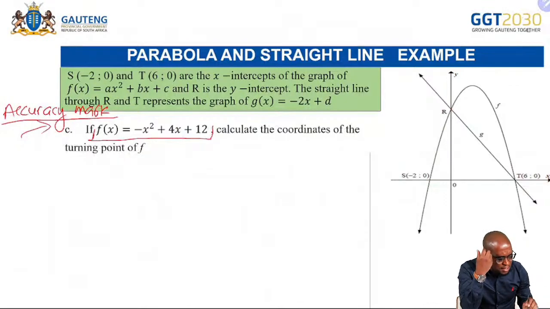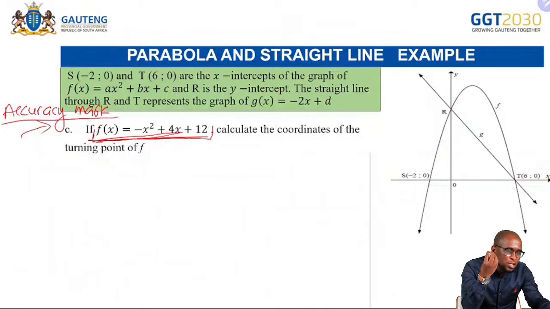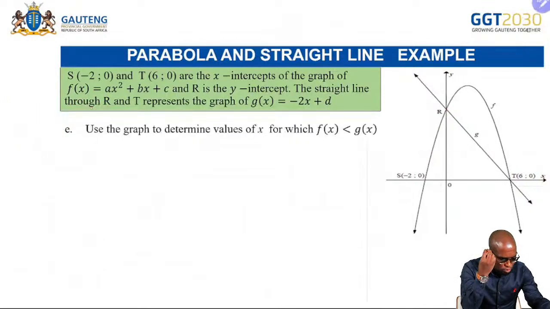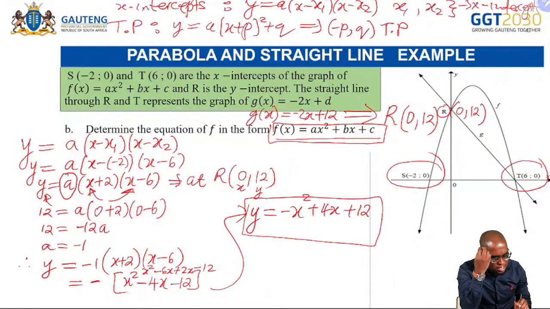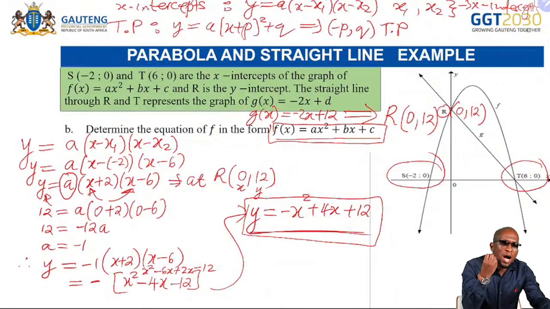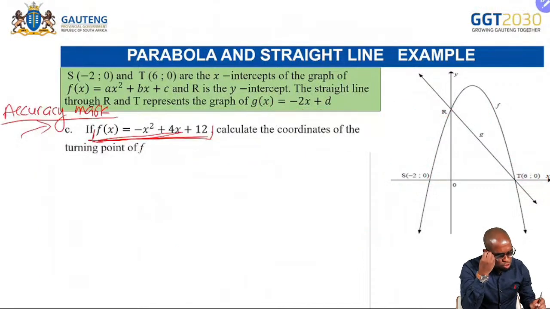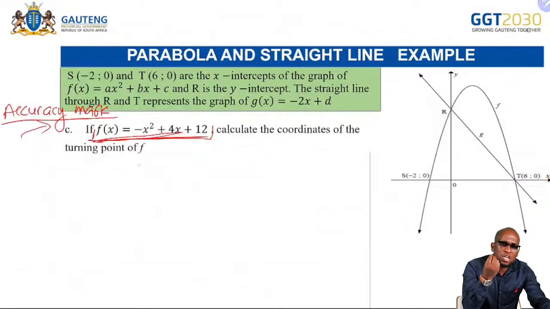Now, if the examiner did not give you this equation, and when you calculated here you got a wrong answer, then you use your wrong answer in this question to determine the coordinates of the turning point.